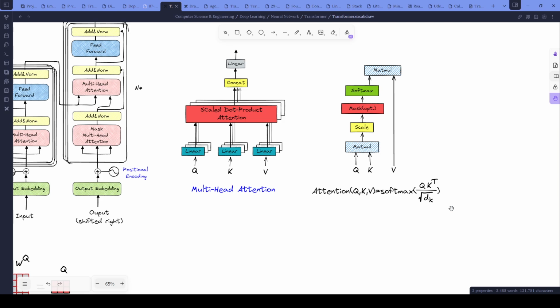This division is to make the gradients more stable, as multiplying values can have some exploding effects over many iterations of the model.